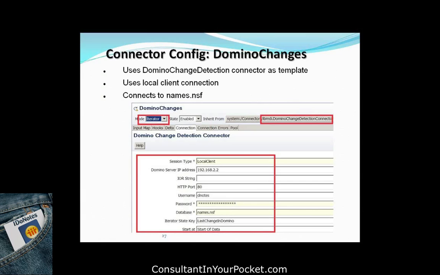Because if you don't do that, when you run this, you're going to get Java errors. So if you end up seeing that, you may want to check first to see whether or not you copied over the Notes jar file. Okay. So again, we're going to use an iterator state key. Last change in Domino is a default, and it's okay to use that as a default.